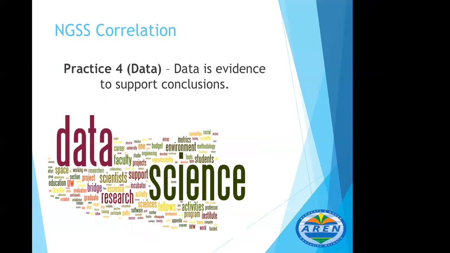The 4th practice of the Next Generation Science Standards is practice 4, which is on data. And as I mentioned before about that evidence, data is the evidence, and it's the data that supports the conclusions. And that's why kids are doing investigations.